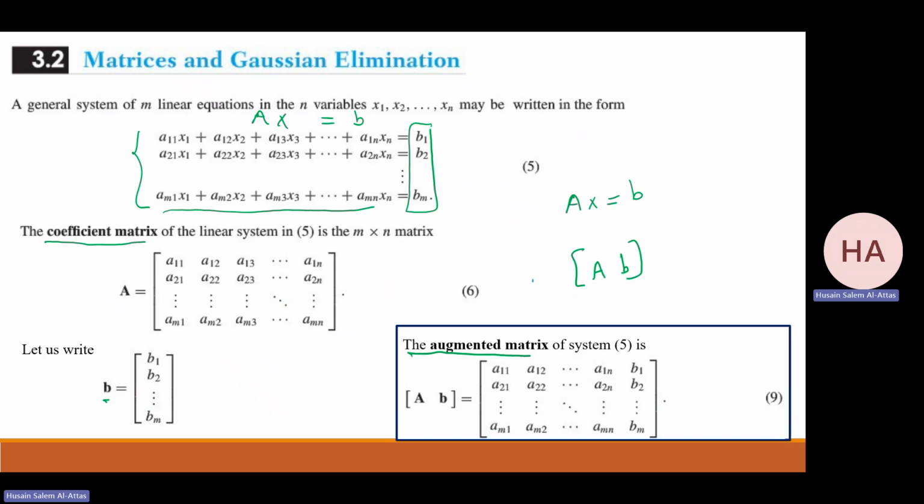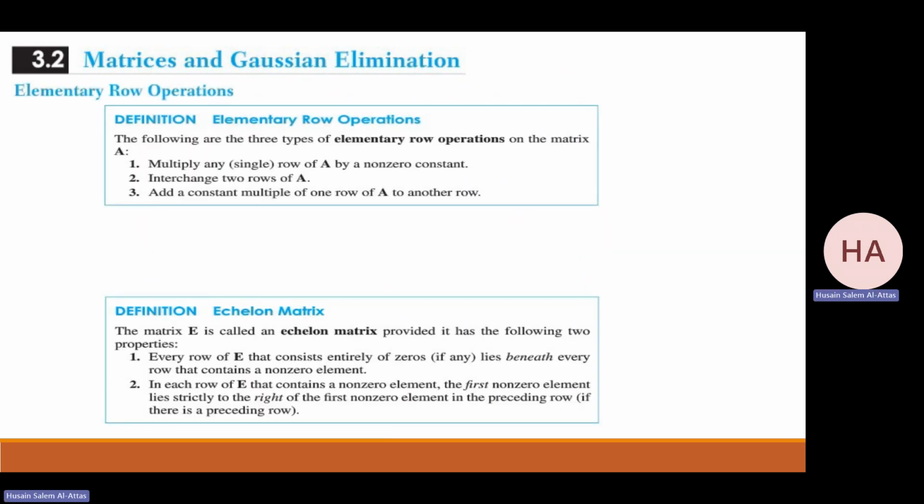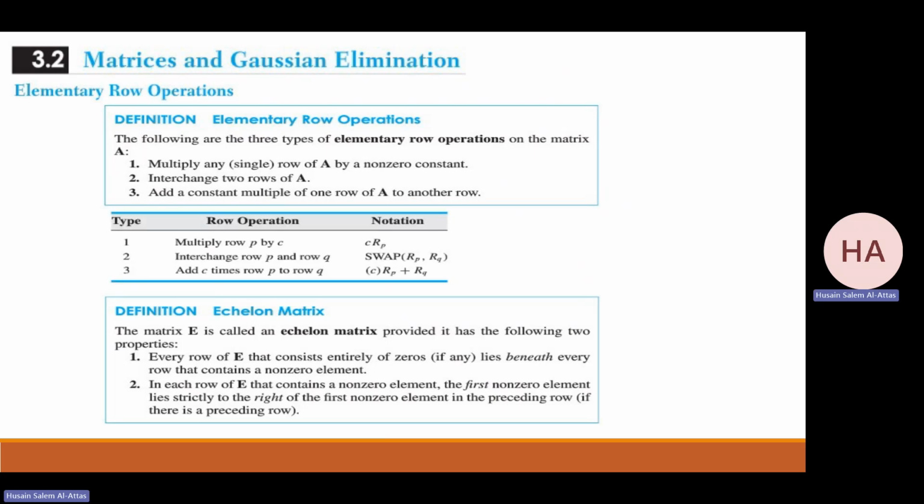The row of the matrix is the coefficients in the first equation. So I can multiply the first row by a non-zero entry. I can interchange any two rows. I can add a constant multiple of one row to another row. These are the elementary row operations, the same thing which we did. This is exactly what we will do.